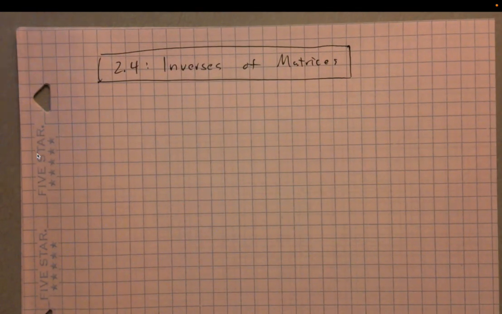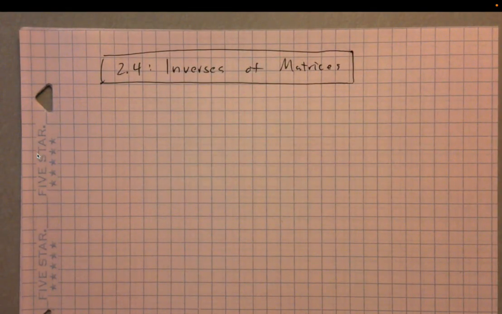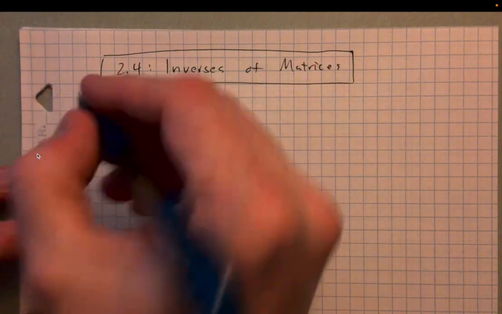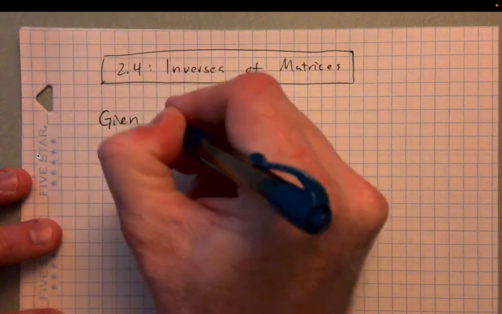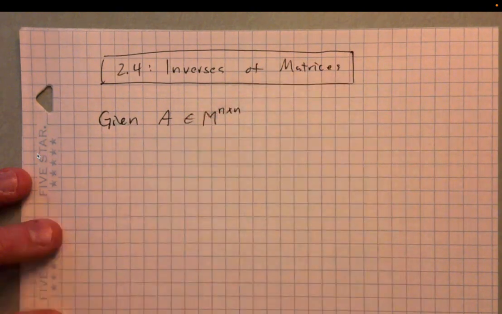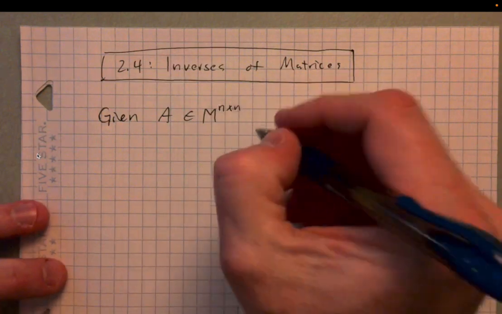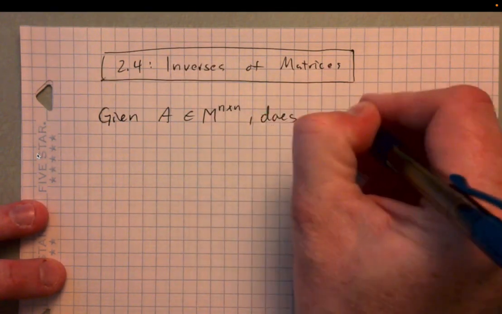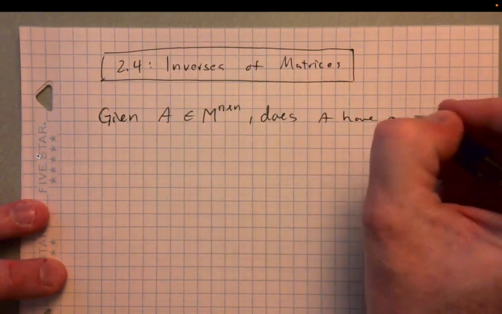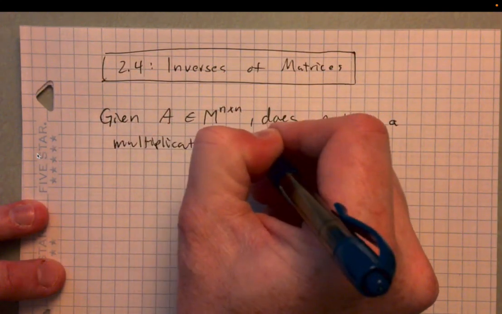Okay, so in this section, we're going to consider whether a given n by n matrix A has a multiplicative inverse. Given A, an n by n matrix, it's going to be a square matrix. The question is, does A have a multiplicative inverse?